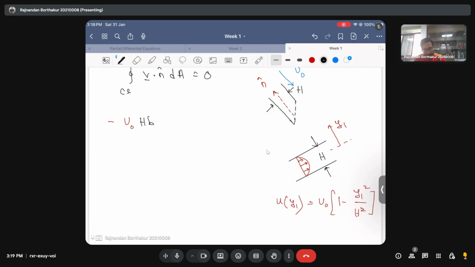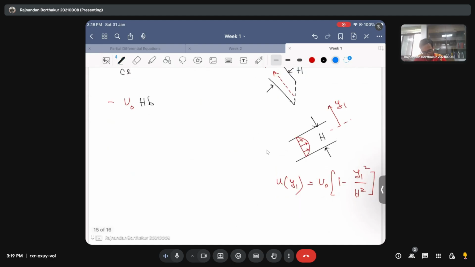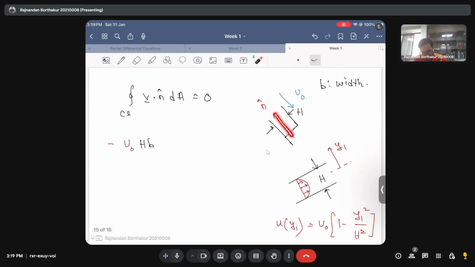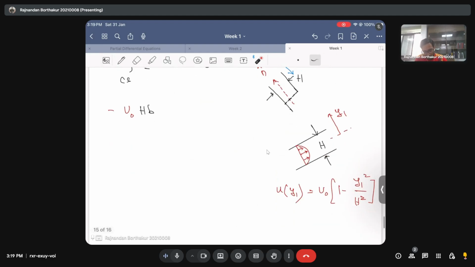But now there's an important thing. I should draw the control surface. This is what the control surface would actually look like. It is not this one, but this, because only then the normal n hat would be along this direction.